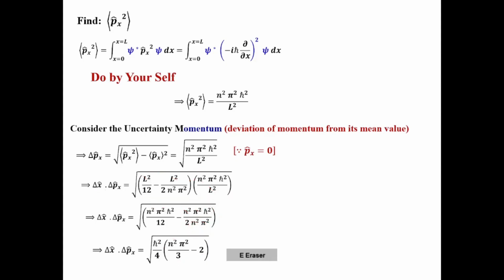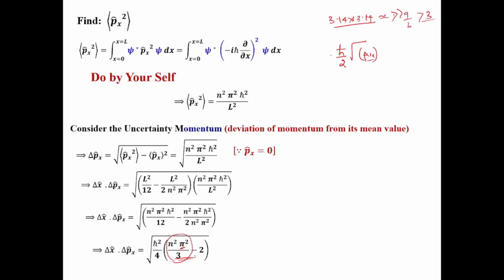So here you can see, if I take the root of this, the value will be h cut by 2 times the root of some positive value. Obviously this value is greater than 2, because pi is 3.14, and 3.14 into 3.14 is approximately 9 or a bit more, divided by 3, so greater than 3.